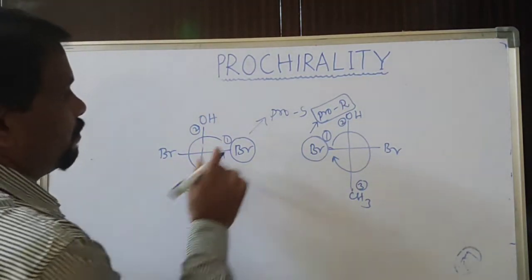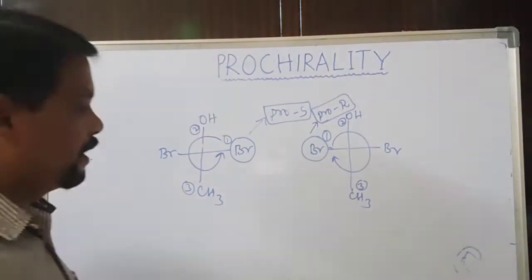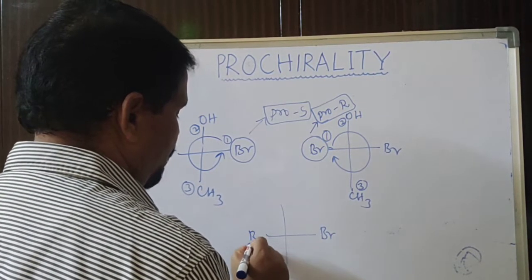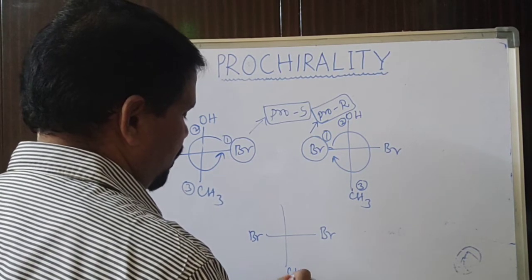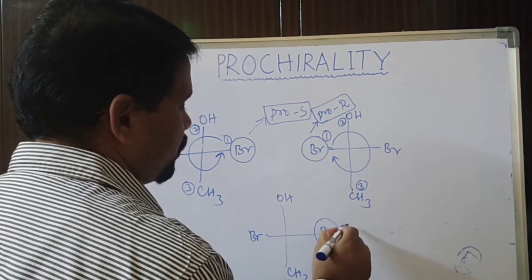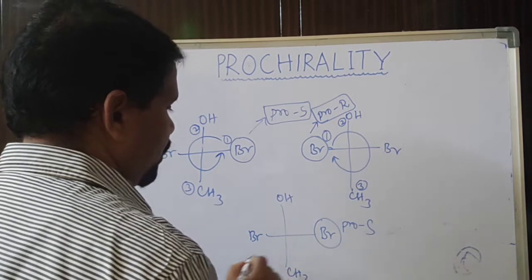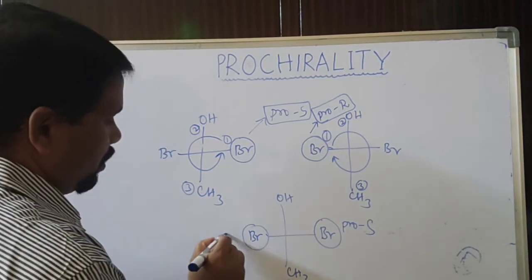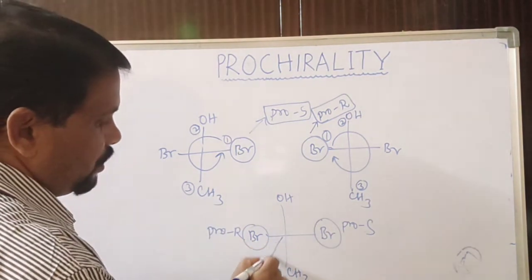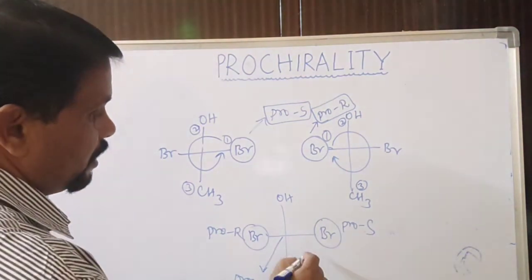If it is anti-clockwise, pro S. So that means in this molecule with bromine, CH3 and OH, this bromine is pro R, and this one is pro S. And this is a prochiral center.